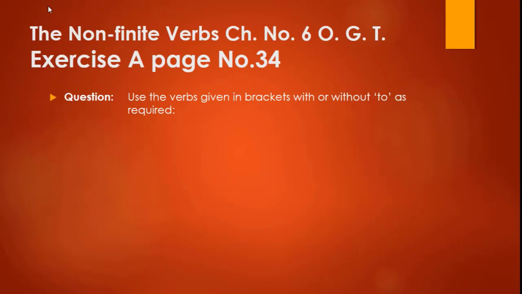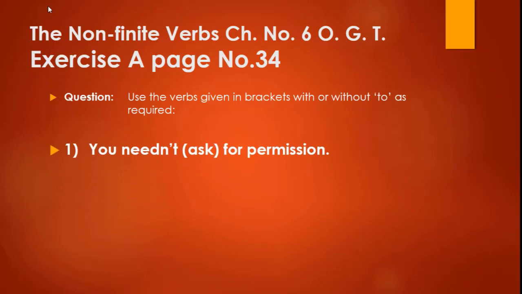Dear students, now we are working on the exercise A, page number 34, the non-finite verbs, chapter number 6, OG3. The question is, use the verbs given in brackets with or without to as required. Sentence number 1 is, you need not ask for permission.